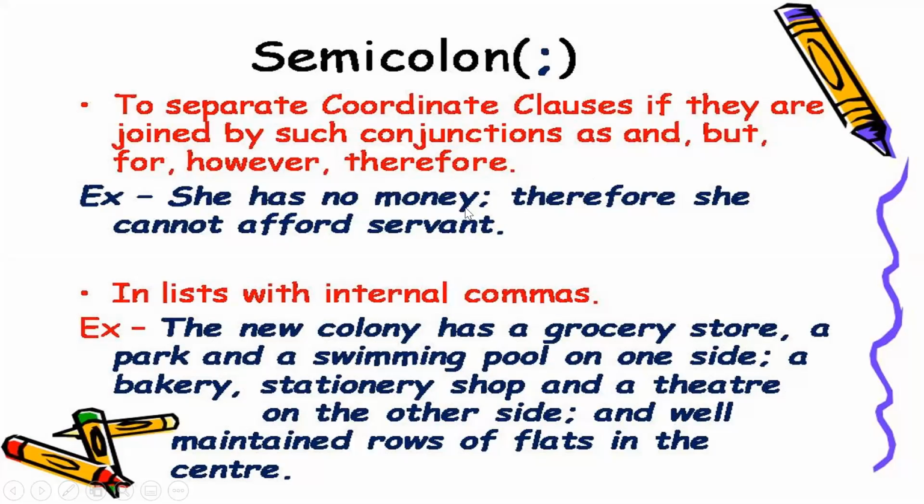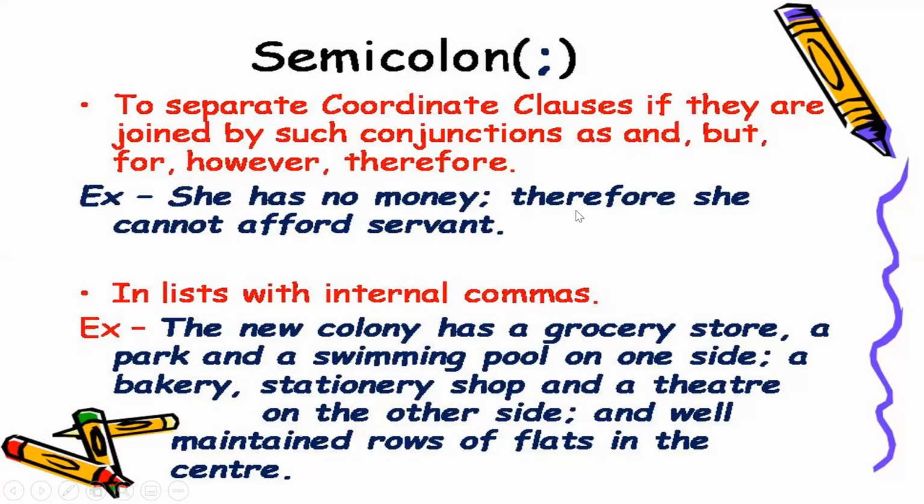She has no money; therefore she cannot afford a servant. So you have to understand that a comma indicates a very short pause. A semicolon indicates a pause which is longer than a comma, but shorter than a full stop. So this semicolon is used when you have two sentences and they are connected to each other.